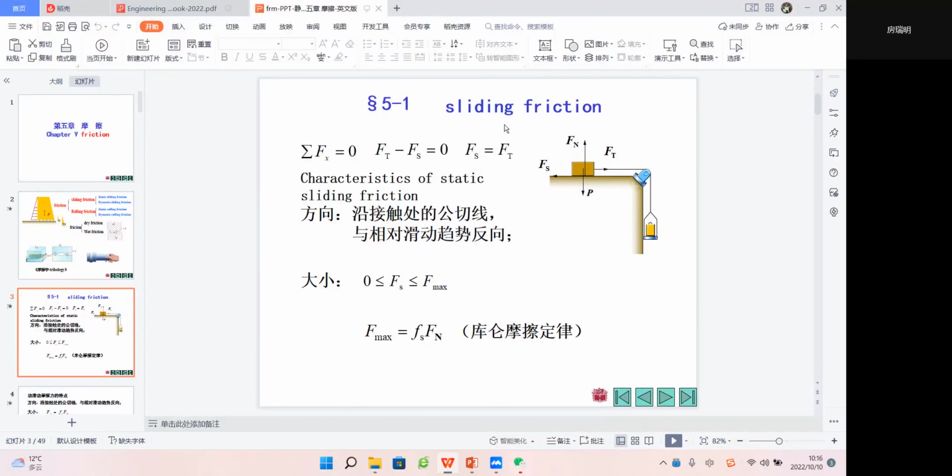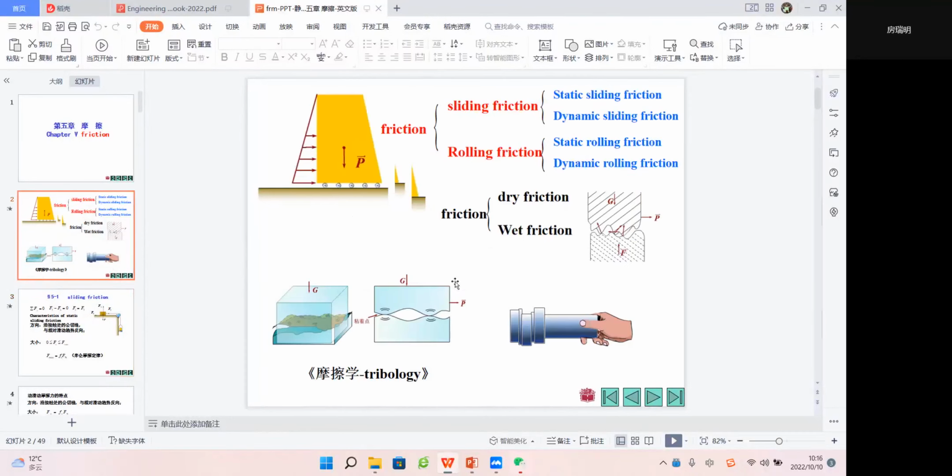So that is friction. Now we can look at this slide, which actually has an English version. We can talk about the categories of friction. It can be divided into different categories from different points of view. It can be divided into sliding friction and rolling friction.